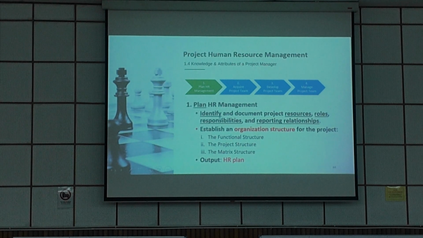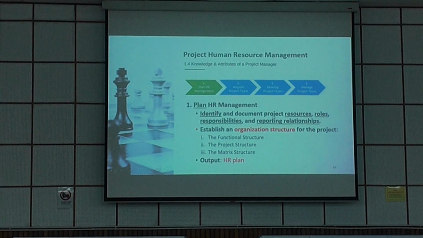Plan HR management: identify and document project resources, roles, responsibility, and reporting relationship. Since this is HR, you have to identify and document project resources. What are the people resources you need to work in the project? What are your roles and responsibility, and who should report to who?